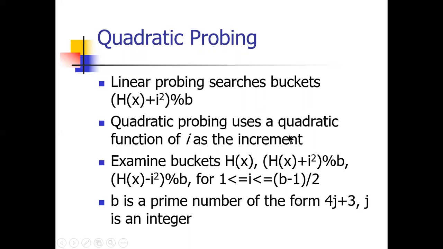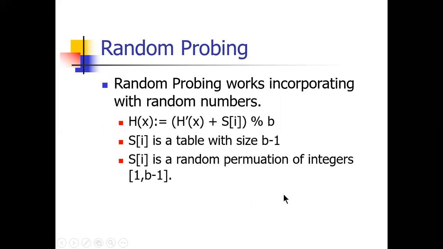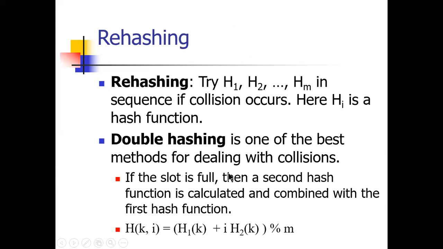Now there's also what we call quadratic probing. Linear probing searches buckets in this manner. Quadratic probing uses a quadratic function to search. And there's also what you call random probing, which operates with random numbers when probing the hashing table.